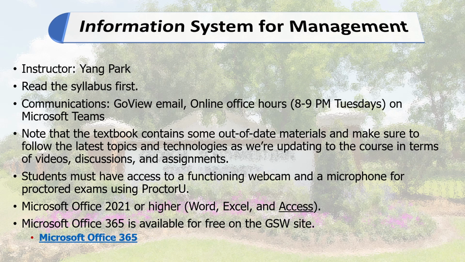So we're going to utilize Office 2021 or higher. And in terms of software available for free, you can access the GSW websites so that you can get a free Microsoft Office program download for your computer.